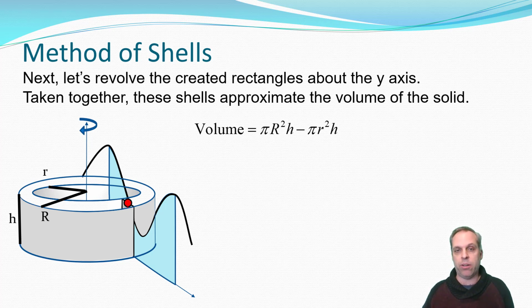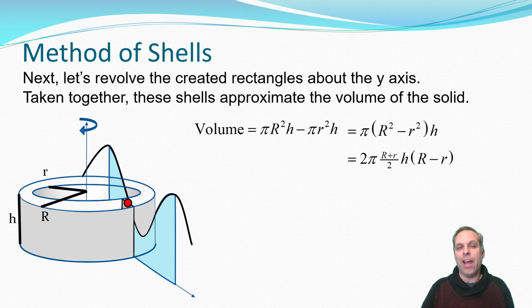Notice there's a common factor of pi and h, and also the resulting capital R squared minus lowercase r squared can be factored. So I go through the process of factoring the first 2 terms, and then I factor the capital R squared minus r squared. At the same time, I multiply and divide by 2, for reasons you'll see in a minute.